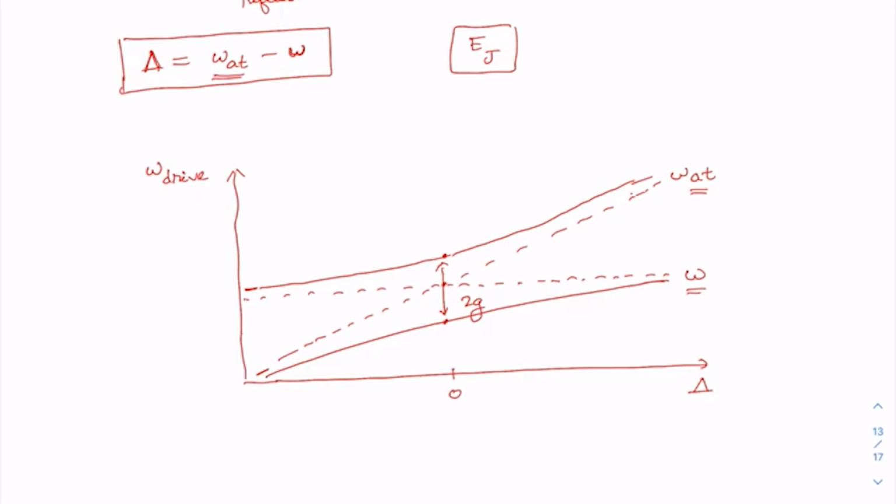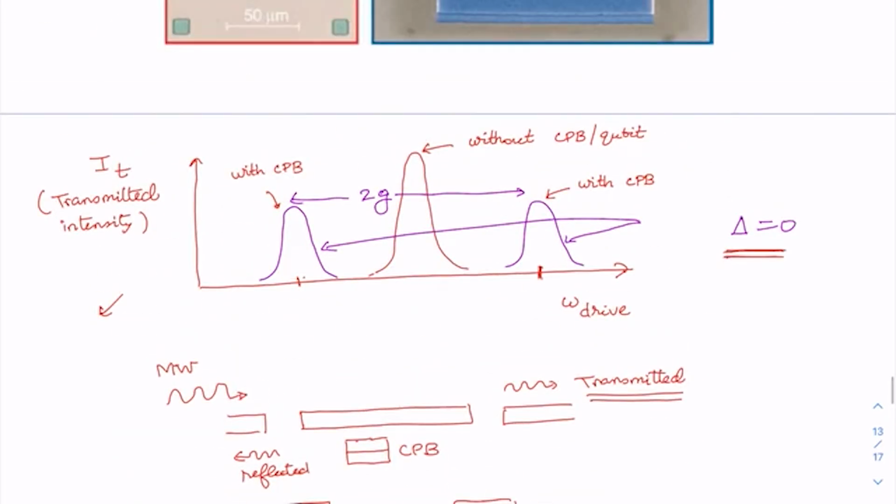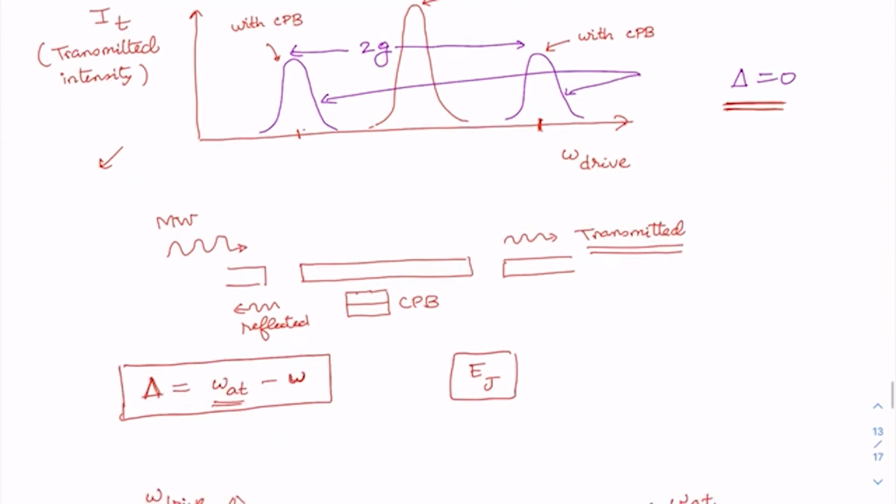Another issue that we can discuss is the intensity of these peaks. When delta is equal to 0, that means at resonance, this peak intensity is related, as I discussed earlier, to the matrix element connecting the initial state and the final state, and that is connected by the generation, or excitation, of a photon inside the cavity.